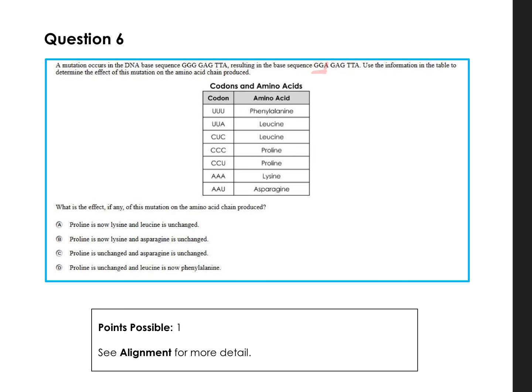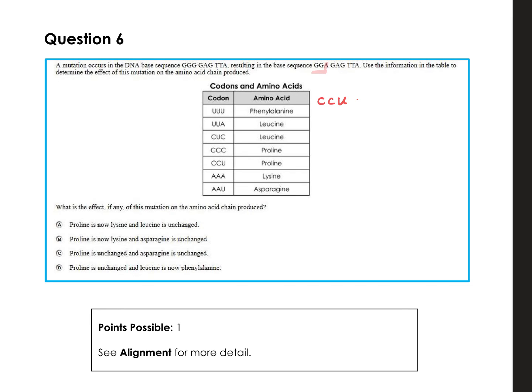Now, what if you turned that into RNA? Let's forget about cutting it out. What would happen if you turned that into RNA? Well, this RNA would be CCU, right? Then the next three in the RNA, assuming it's not an exon or an intron. Let's assume that everything is in the exon, so it's going to be in the mRNA.